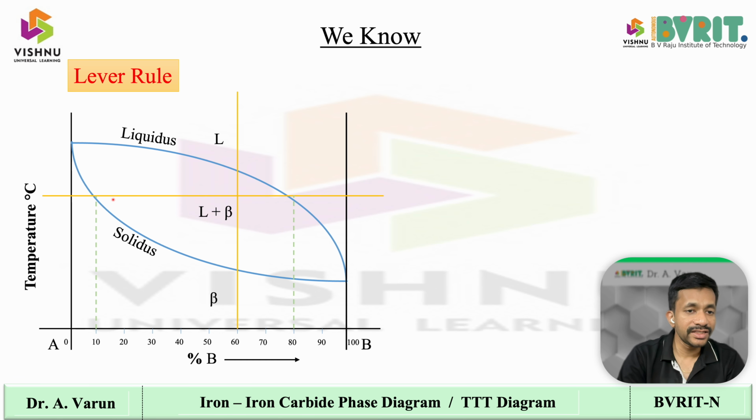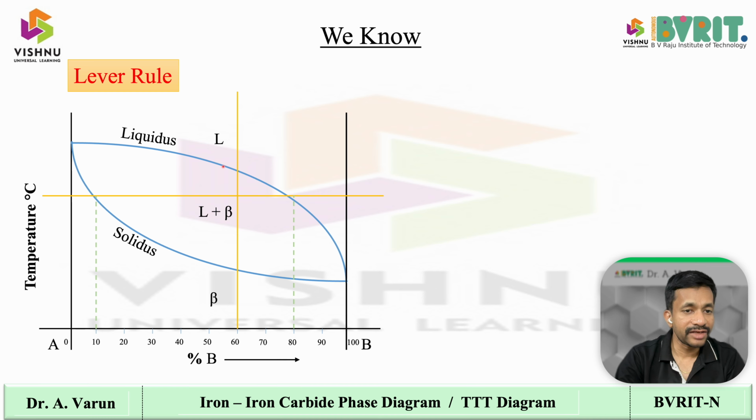So you can see this is one part and this is the other part. The second statement of the lever rule states that when you draw a vertical line, it will divide the previously drawn tie line into two parts, and the lengths of these are inversely proportional to the amount of phases present.